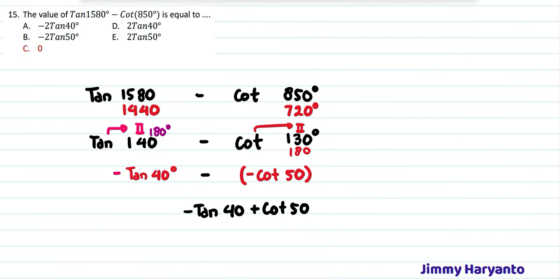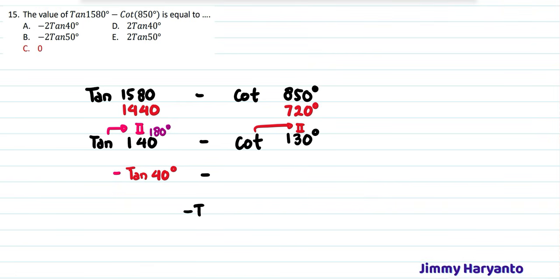Okay, we already finished, but the problem is there is no answers like this. That means we have to use 90 instead of 180 for this one. Let's use 90. Okay, one more time. Cotangent in the second quadrant will be negative.